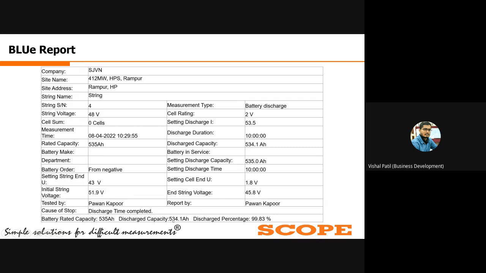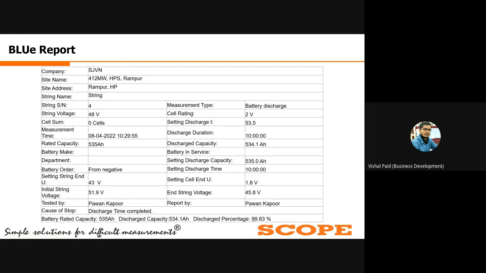So the total state of health of that battery bank is 534.1 divided by 535 into 100. That is the percentage state of health of that particular battery bank.